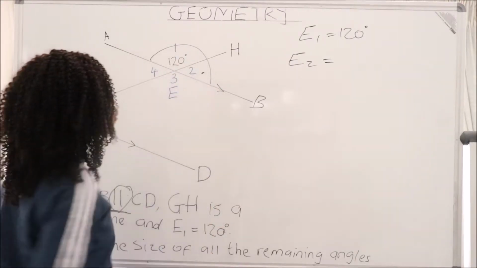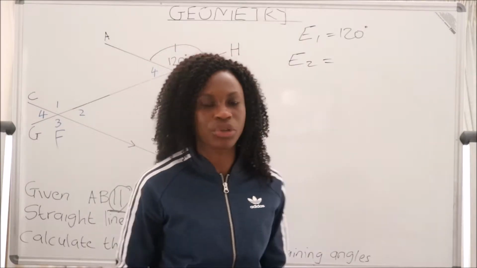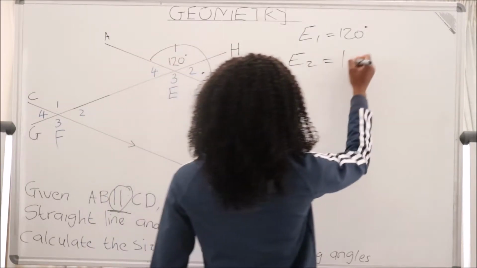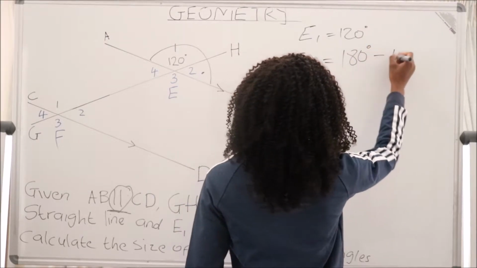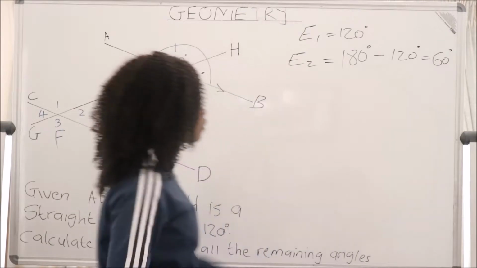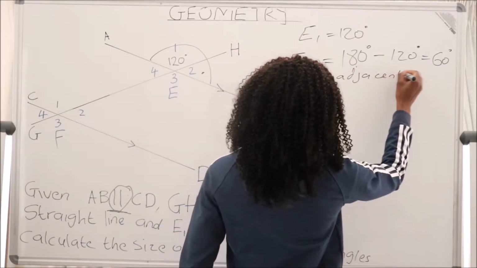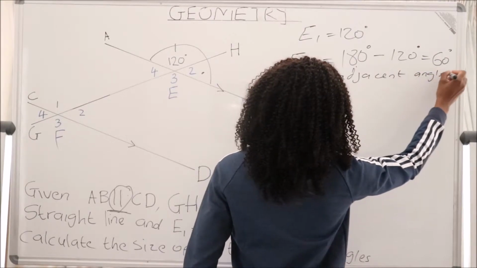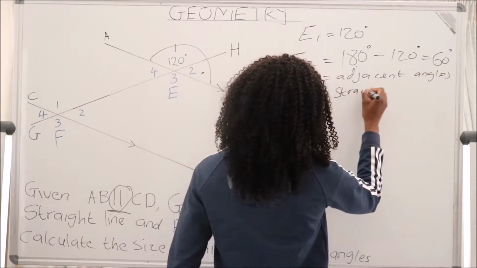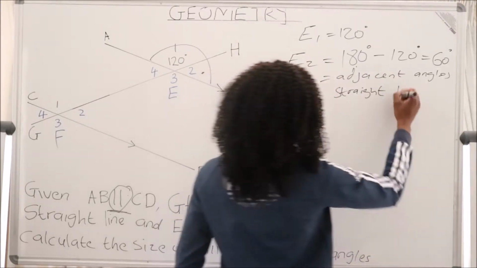When we add E1 and E2, they must give us a sum of 180 because they are supplementary angles adjacent to each other. So we say 180 degrees minus 120 degrees, which will give us 60 degrees. The reason for this is adjacent angles on a straight line. That is the reason why we subtract 120 from 180 degrees.